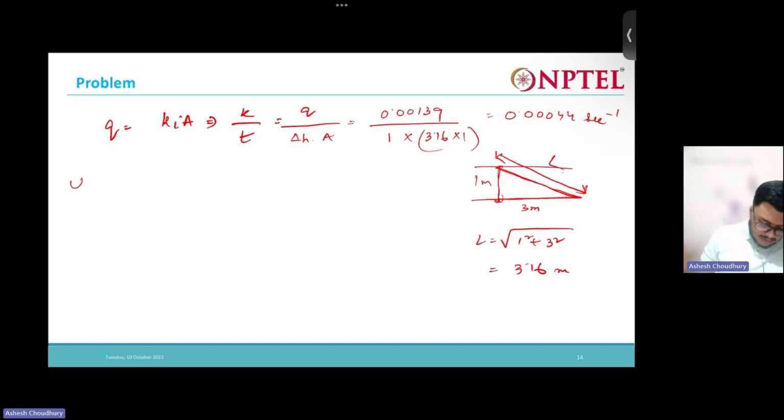Now we find out that the reduction factor is 3%.